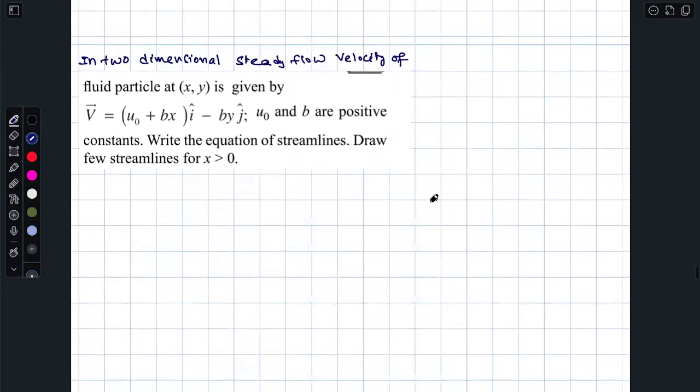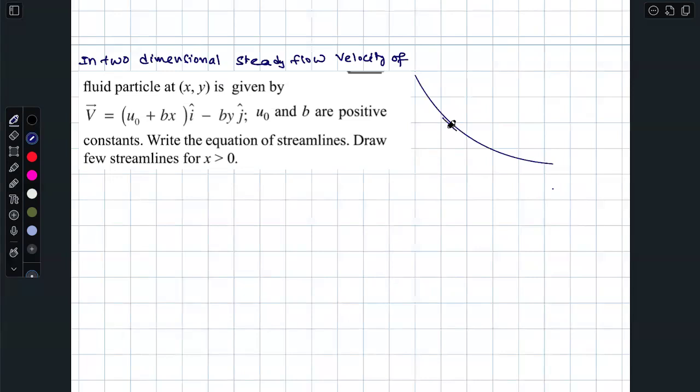In a two-dimensional steady flow, velocity of fluid particle at x comma y is given by so and so, u naught and b being constant, the equation of streamlines. What is the definition of a streamline?